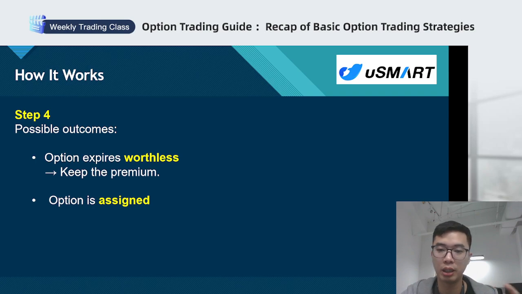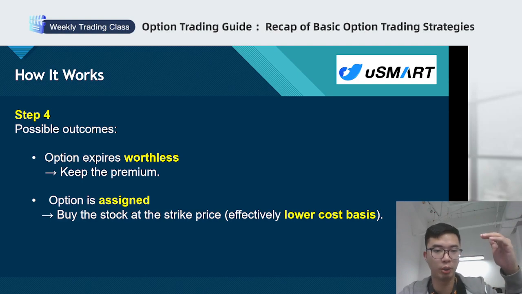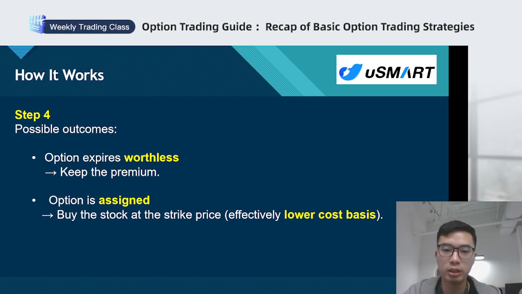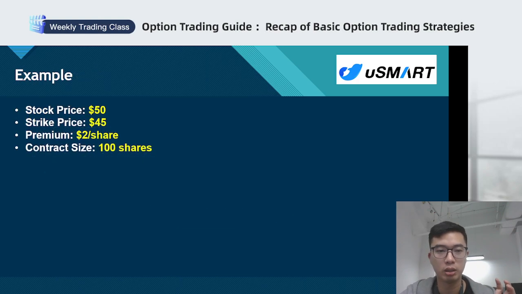When the option is assigned, exercised, you buy the stock. I mean, when it drops below the strike price, you can buy it at a cheaper price because you get the premium at the same time. So in total, you get a cheaper price.